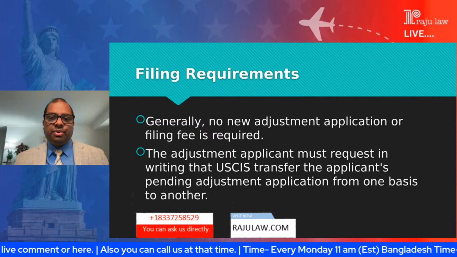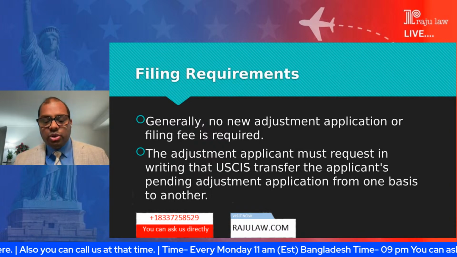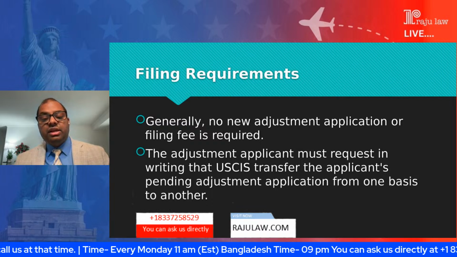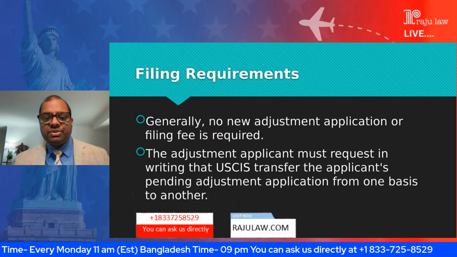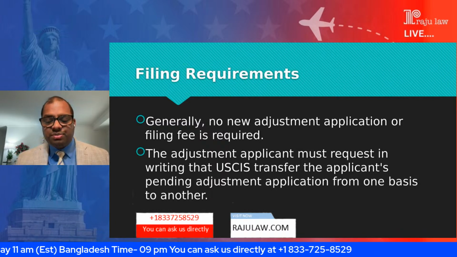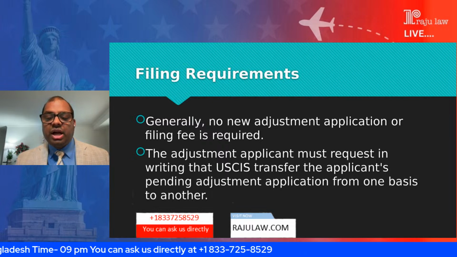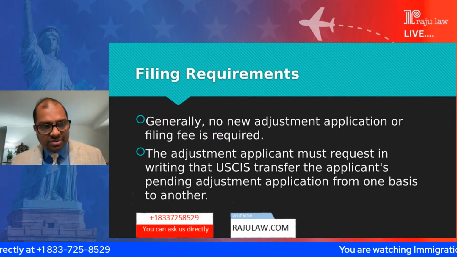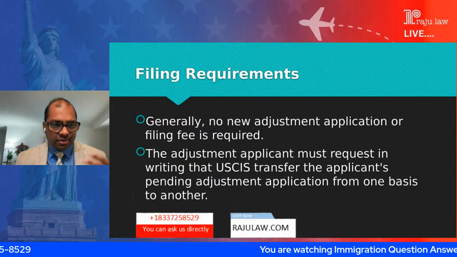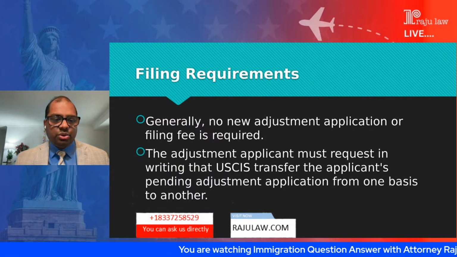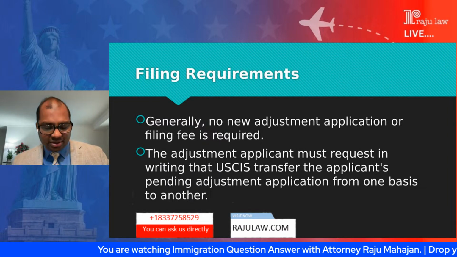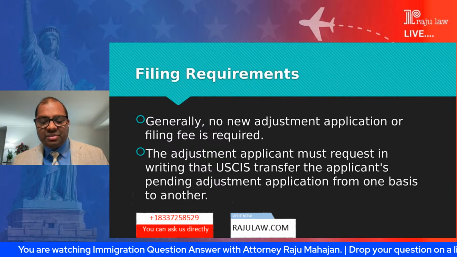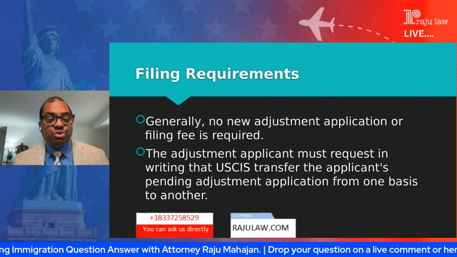So let's say you applied for adjustment of status before, you went to the interview, and in the interview you were telling the USCIS officer, hey, I have another adjustment application pending, and I would like to retain that priority date in this application. You can say that. If you say that, the officer will give you a white paper and a pen, and will ask you to write it down.